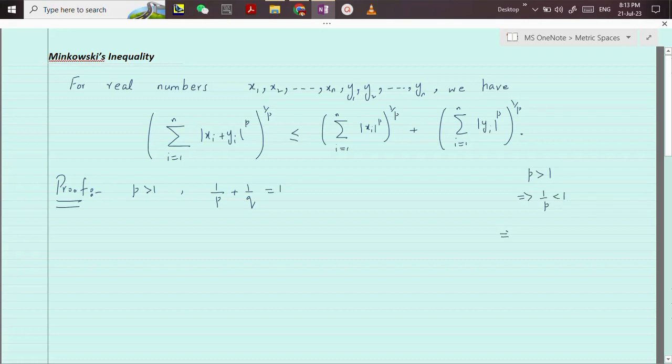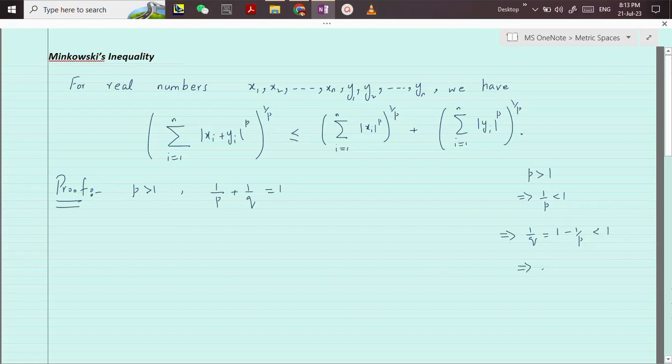What does it mean? It means that 1 by p is greater than 0 but less than 1, so 1 by p belongs to the open interval (0, 1). This implies that 1 by q, which is equal to 1 minus 1 by p, is of course less than 1.